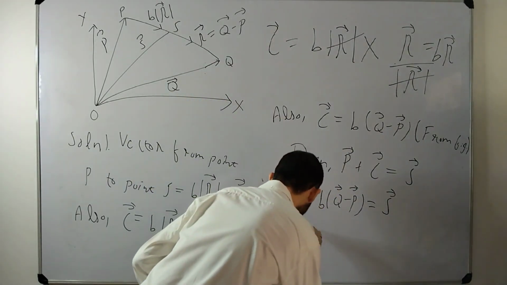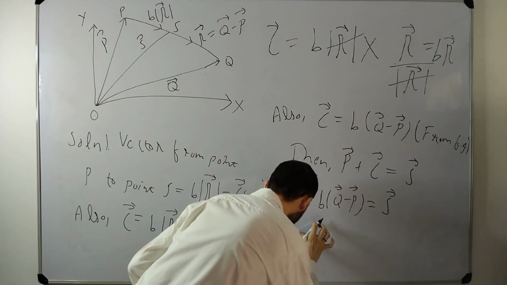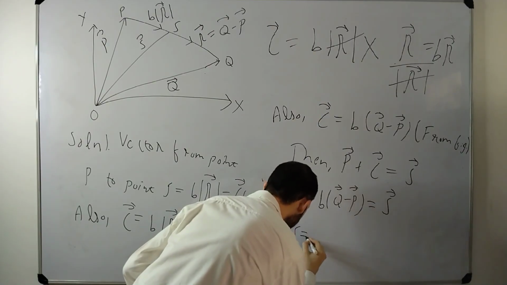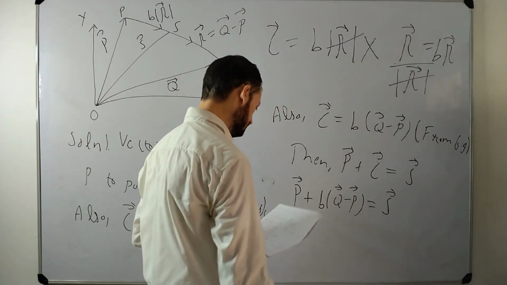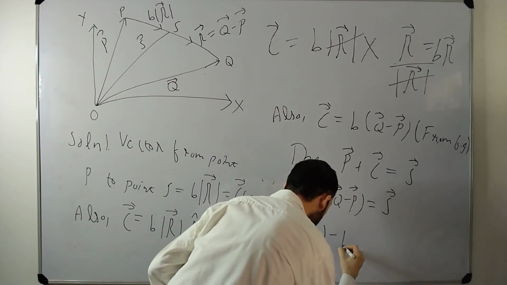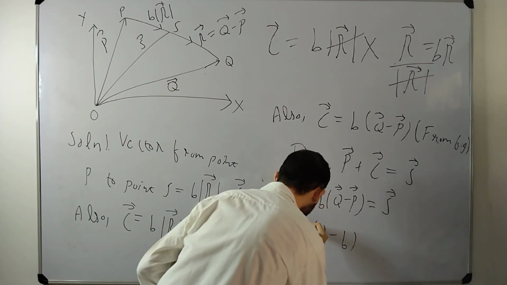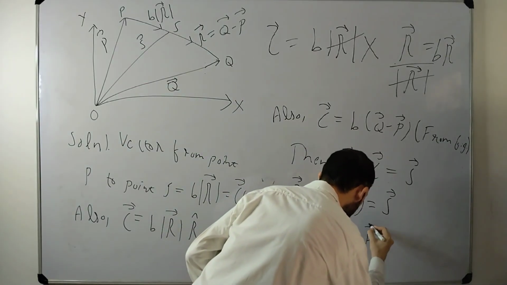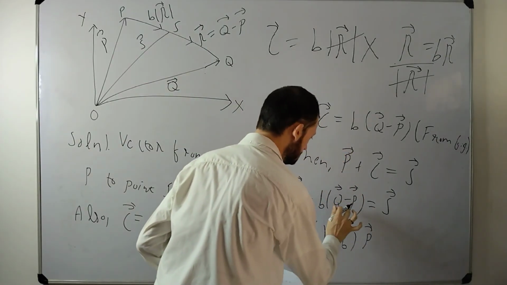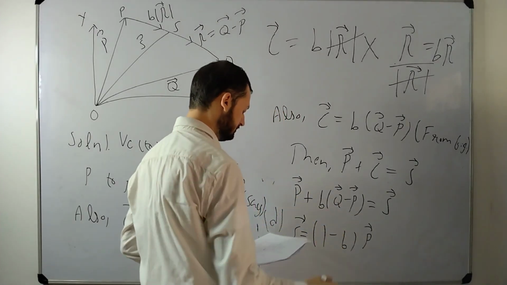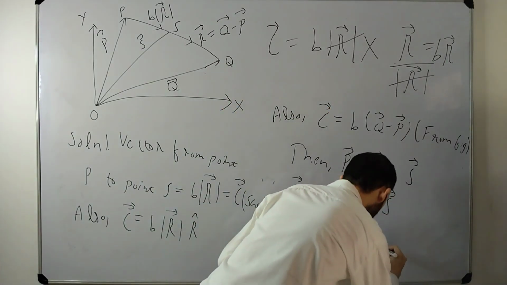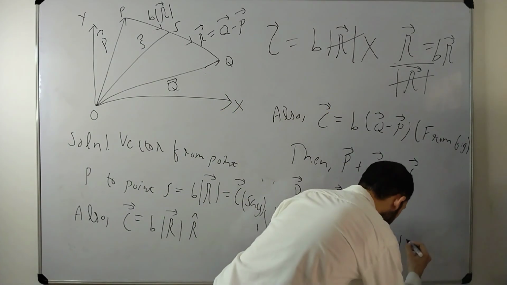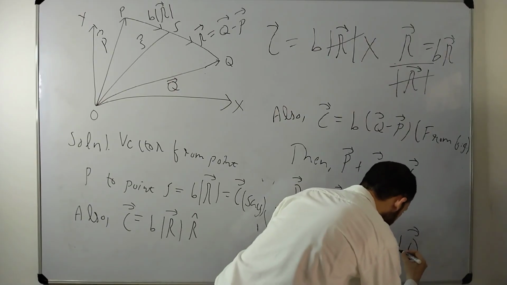So I would write S vector, and this is 1 minus B P, B multiplied being here, and P being common, plus BQ. So this is the answer to this.